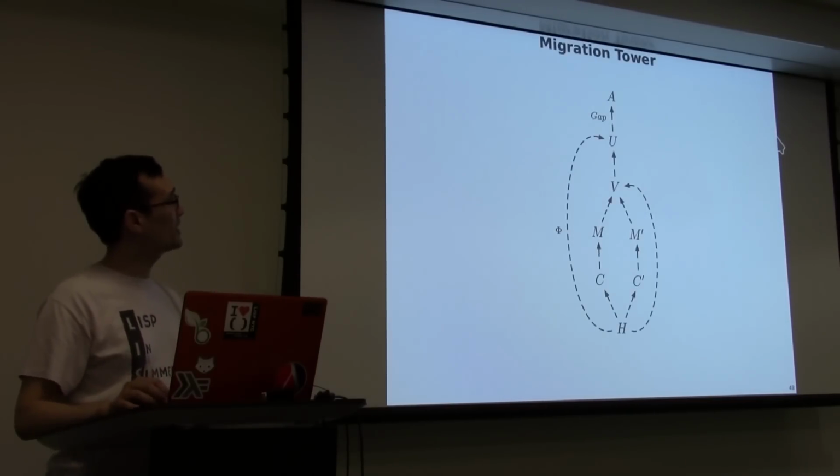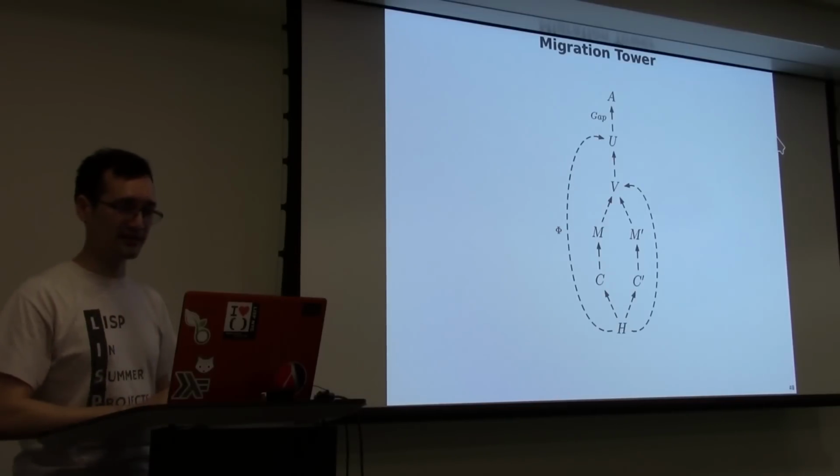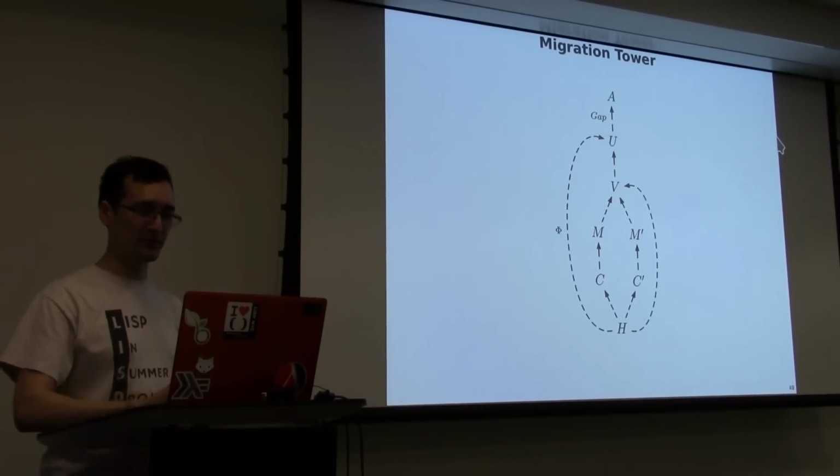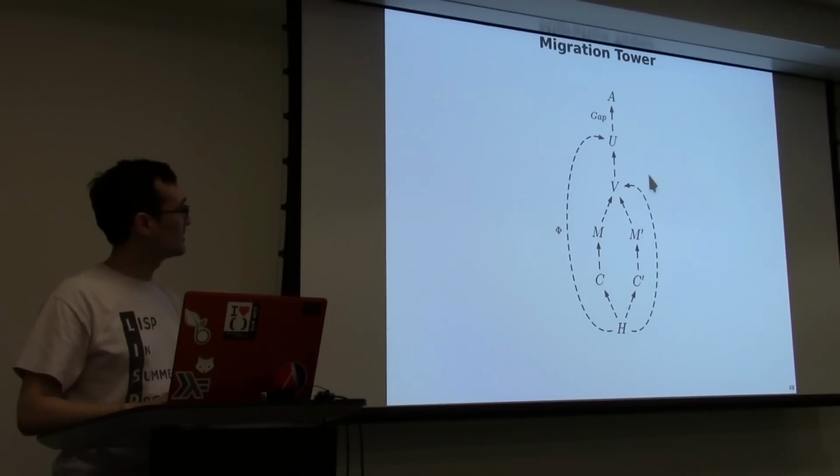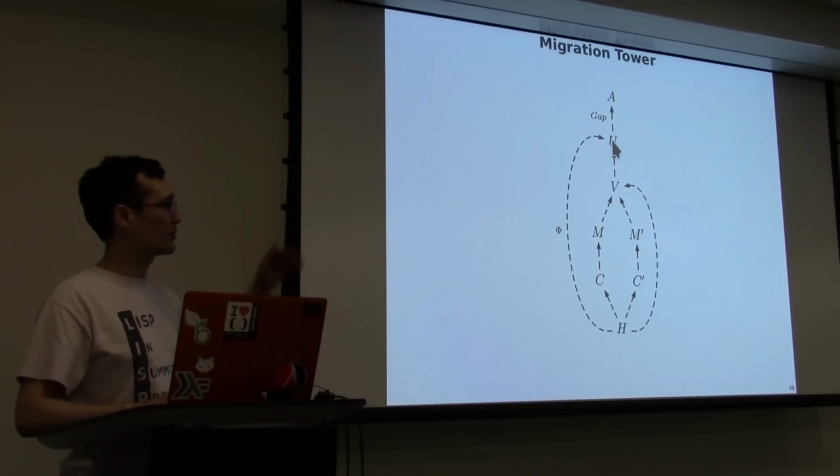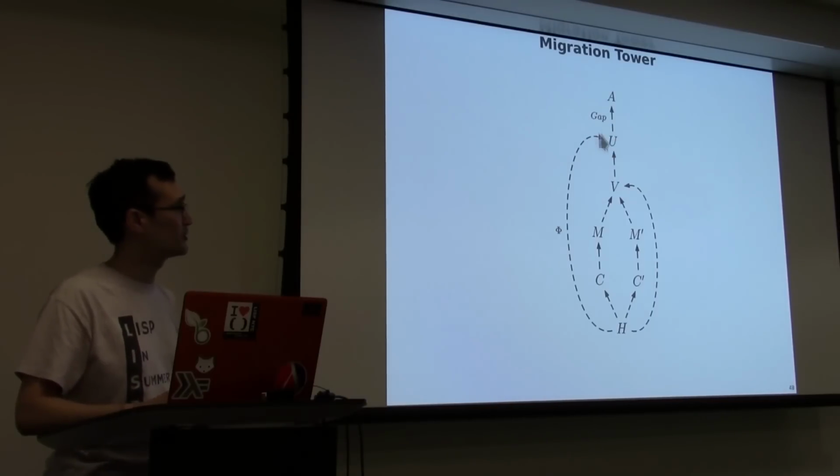Okay, migration tower. Oh, I love that. This is stepping back from the previous diagrams. I have my program that is in some semantics view. So what is up is not inside the computer. The computer only cares about what is under you. Under you, okay, whatever.